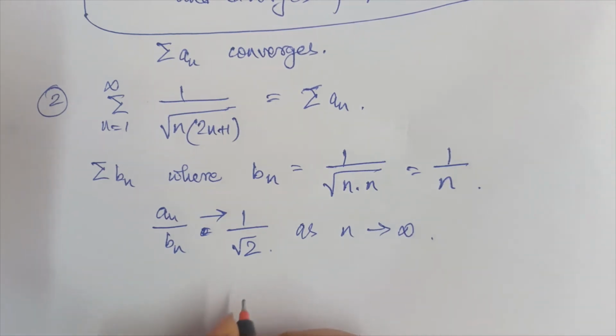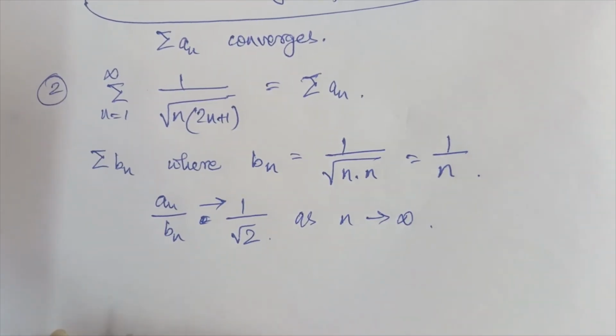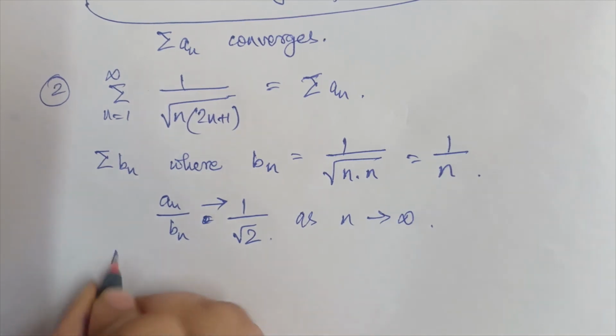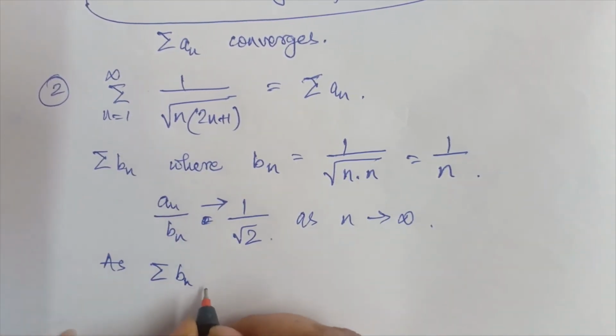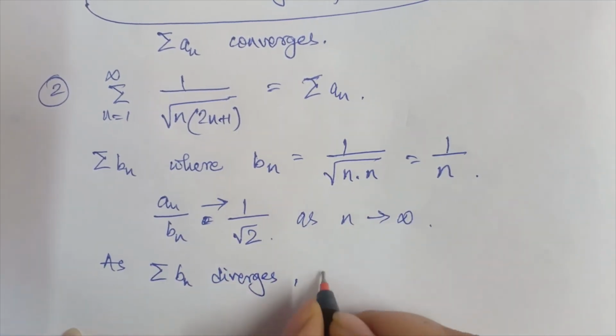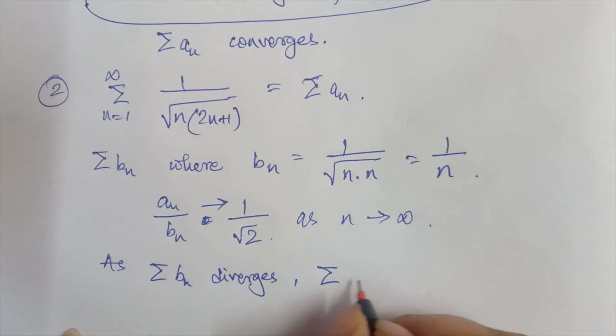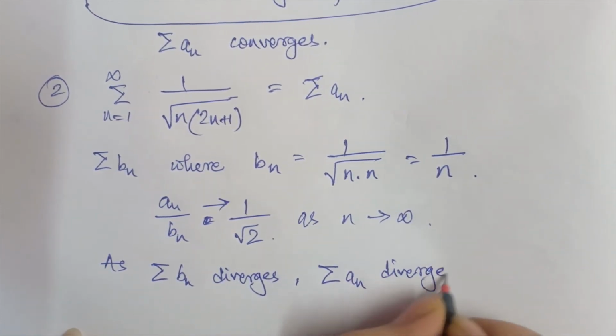But as we can see that the series bn diverges due to harmonic series, so the series an also diverges. As series bn diverges, hence the series an also diverges.